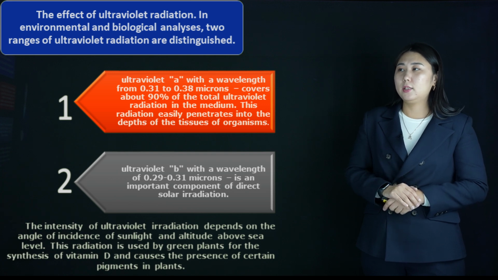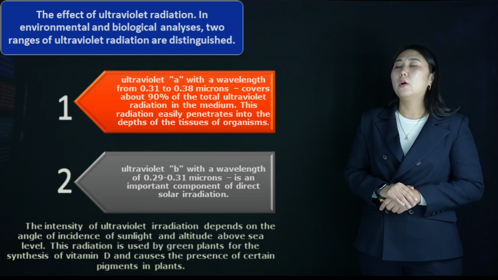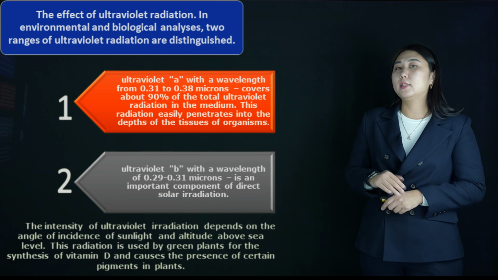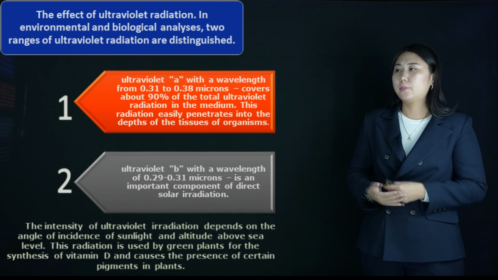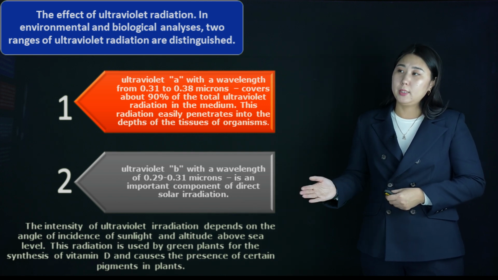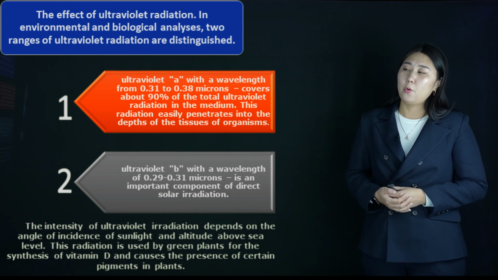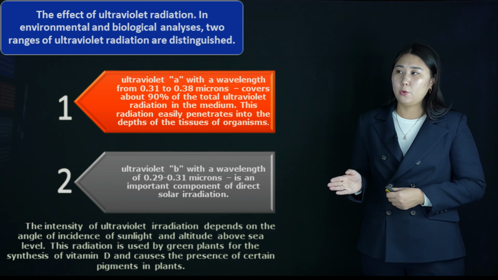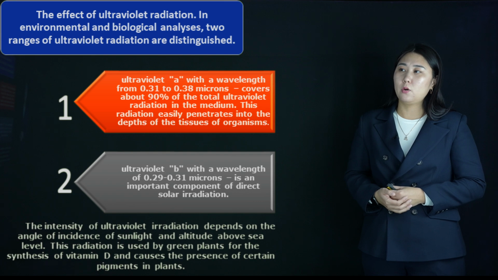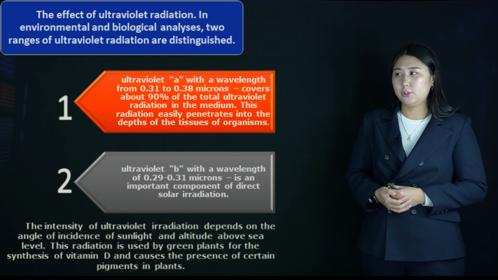This radiation easily penetrates into the depths of the tissues of organisms, including plant tissues. Ultraviolet B, with wavelengths of 0.29 to 0.31 microns, is an important component of direct solar irradiation.